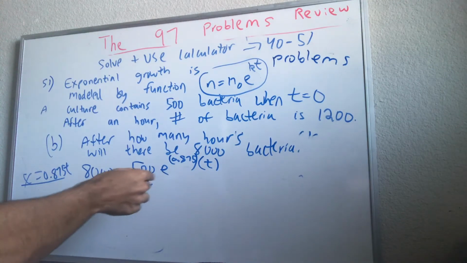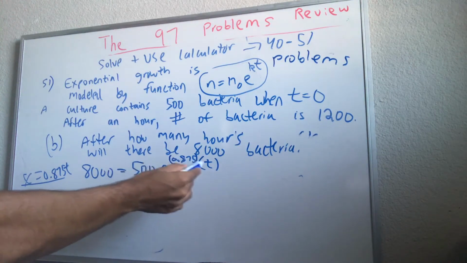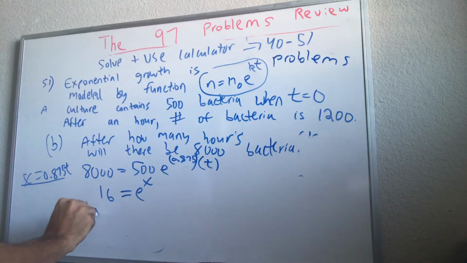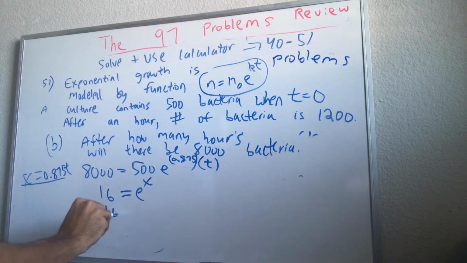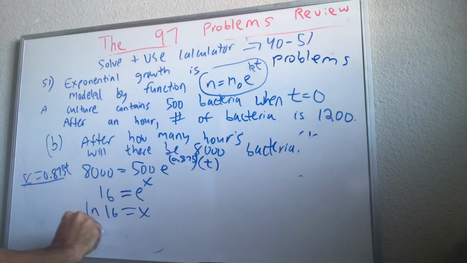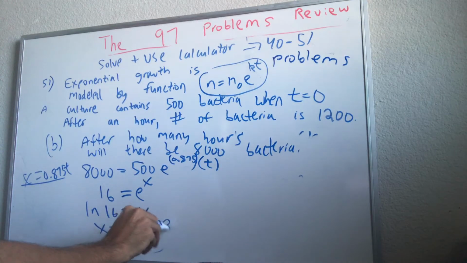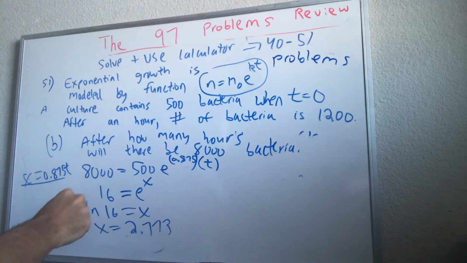So x is equal to this exponent over here. So 16 is equal to e to the power of x, and therefore ln of 16 is equal to x. So we know that the value of x is 2.773 after we calculate this in our calculator.